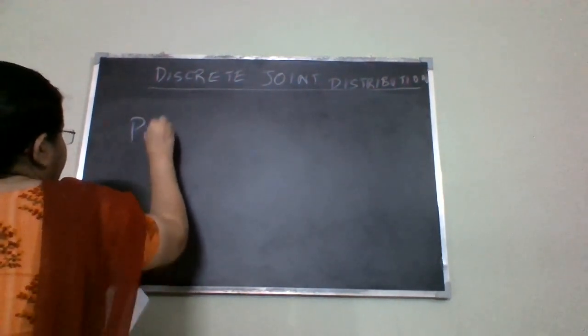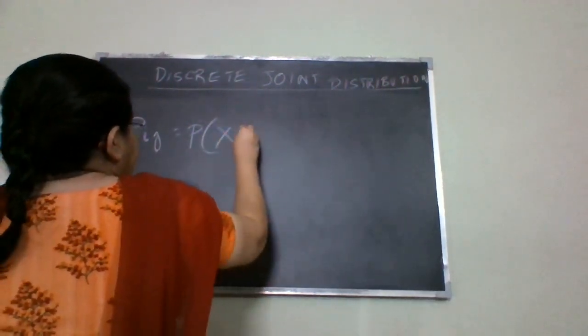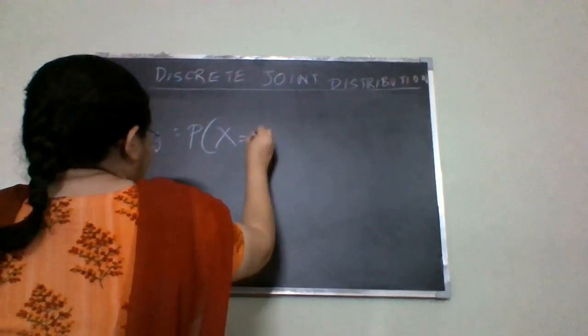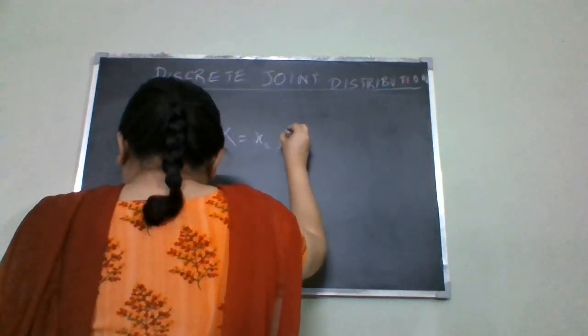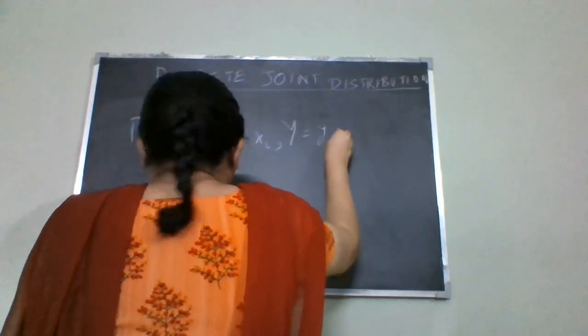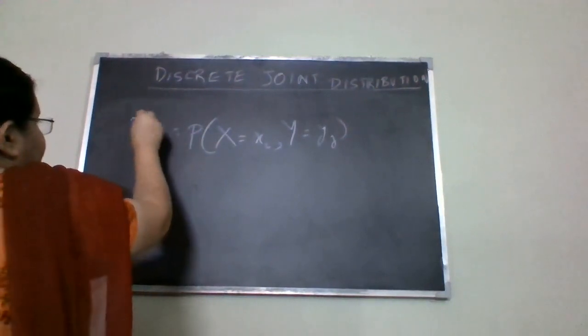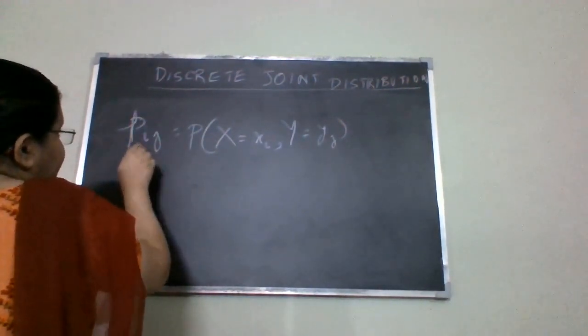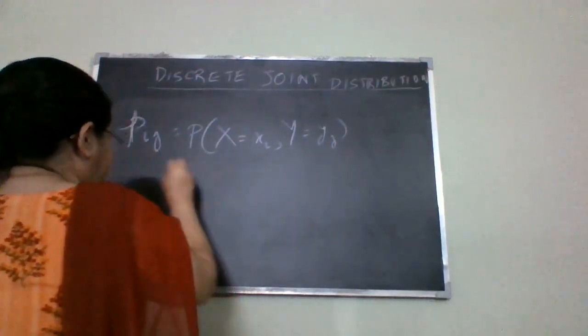p_ij, this is small p, is equal to capital P(X = x_i, Y = y_j).